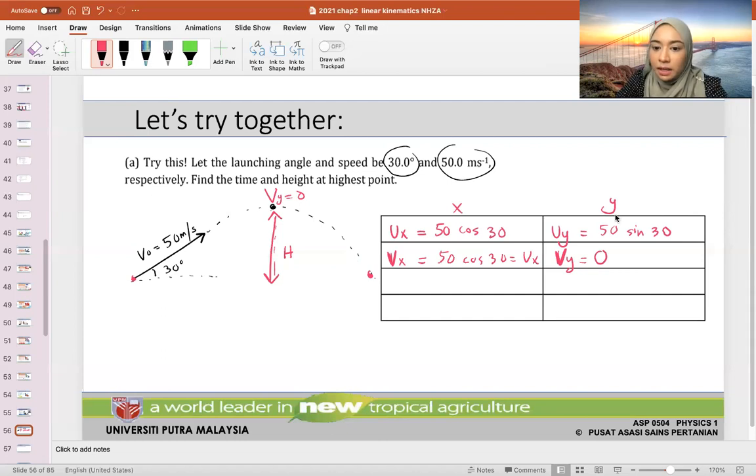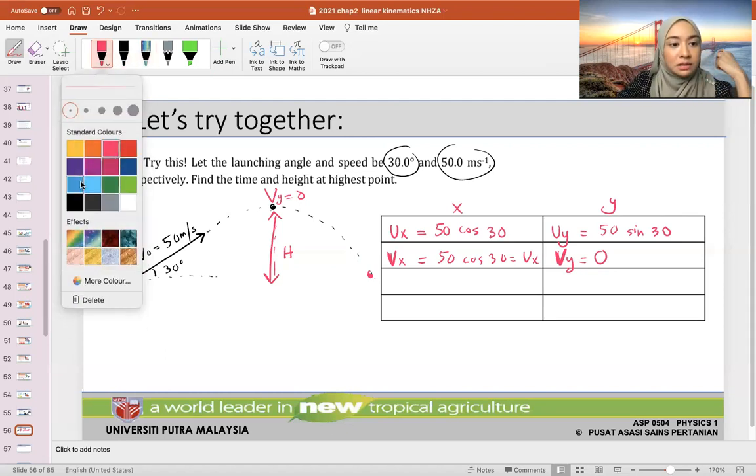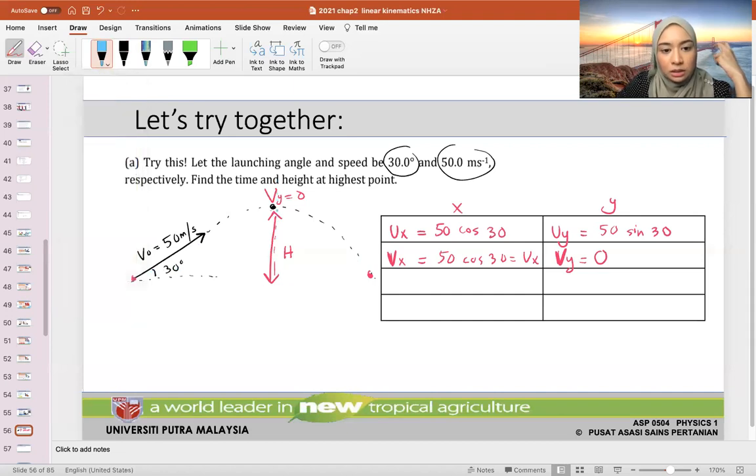Maximum point, because what we are concerned about is the maximum point, and that is where Vy is equal to 0. Okay, that answer is correct. My answer is that when we want to find the maximum height, we need to break this into 2 sections. So for me to break this into 2 sections, this will be my final point.